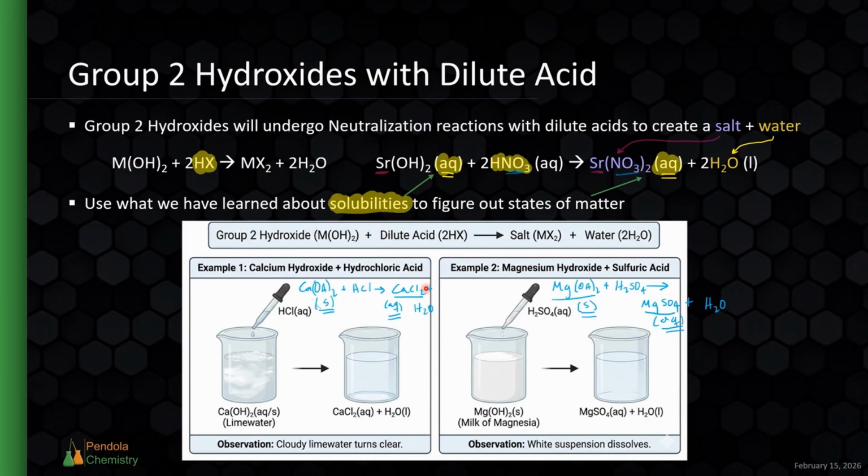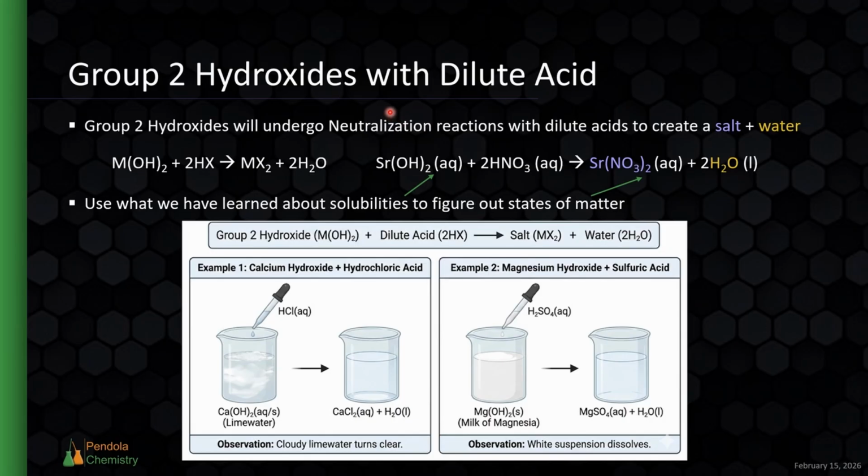All group 2 compounds are, for the most part, except for a few exceptions, going to be white. But we do need to worry about whether we can see them or not. So that's the reaction of group 2 hydroxides with acids in these neutralization reactions that create water and an ionic salt. Again, what we need to worry about here is the state of matter of that salt and the state of matter of the hydroxide.